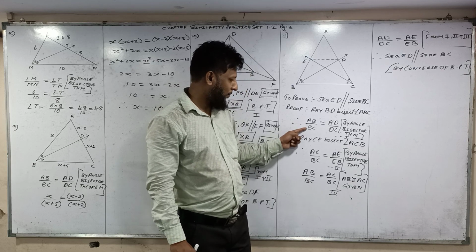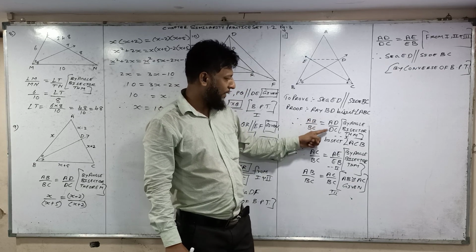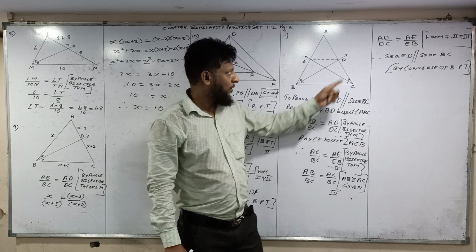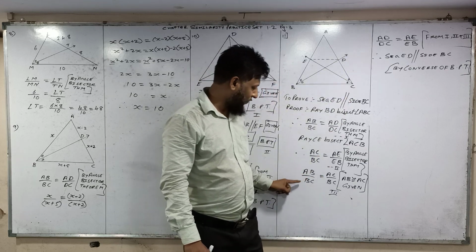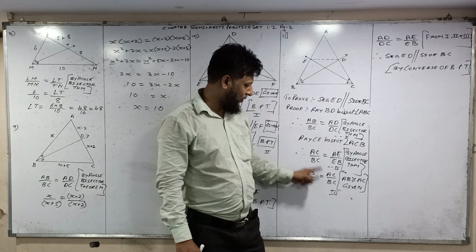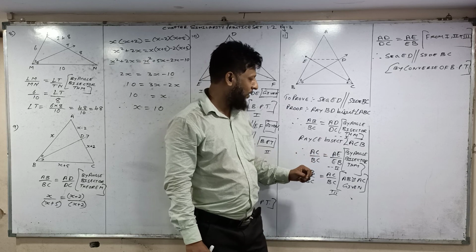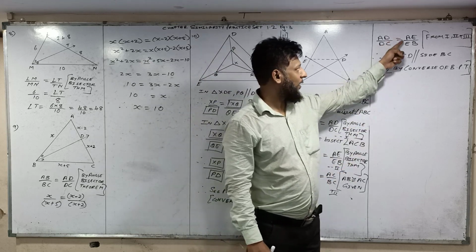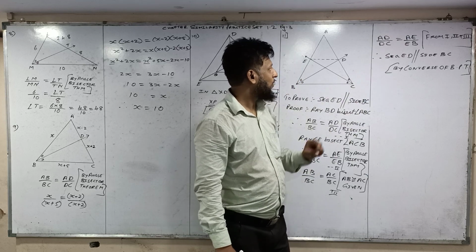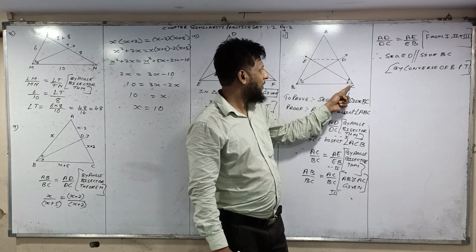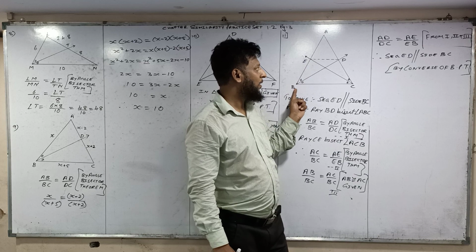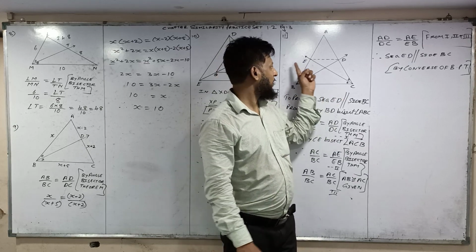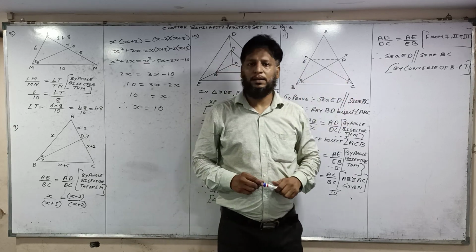For AB upon BC, you can write AD upon DC, and for AC upon BC, you can write AE upon EB. So in the diagram AD upon DC equals AE upon EB, the proportions are equal, therefore ED is parallel to BC.